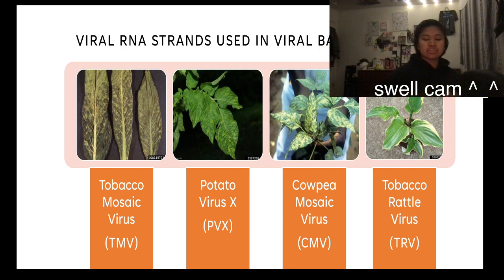These are constructed into your viral-based vectors, and these vectors will then go into your Agrobacterium, and then the Agrobacterium will facilitate the plasmids into your plant to incorporate the tDNA, which will then facilitate your protein production.